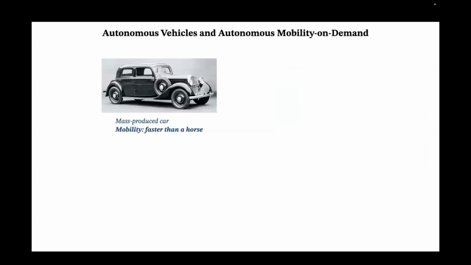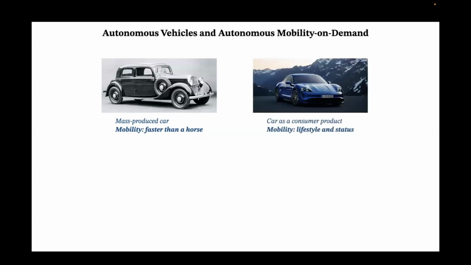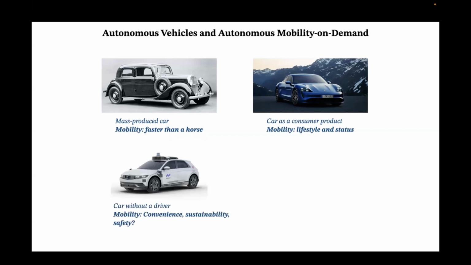And in this context, if you think about producing a car, we move from the concept of a mass-produced car, where the idea was that these cars are faster than horses, to something fancier, where the car becomes a consumer product, a synonym of lifestyle and status, to these fancy autonomous vehicles, or cars without a driver, that could improve sustainability, safety maybe, and also convenience.